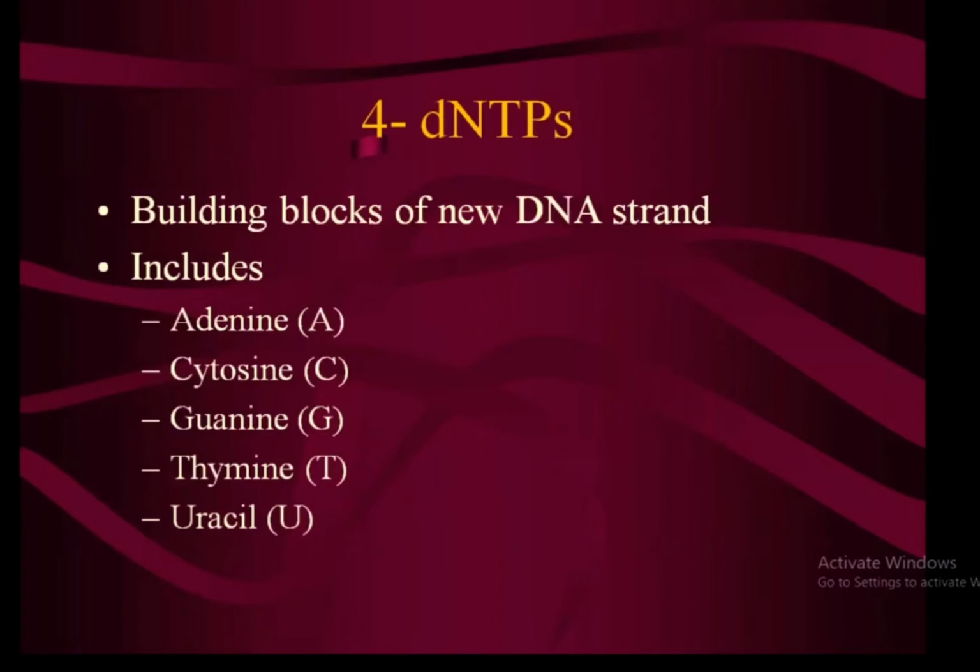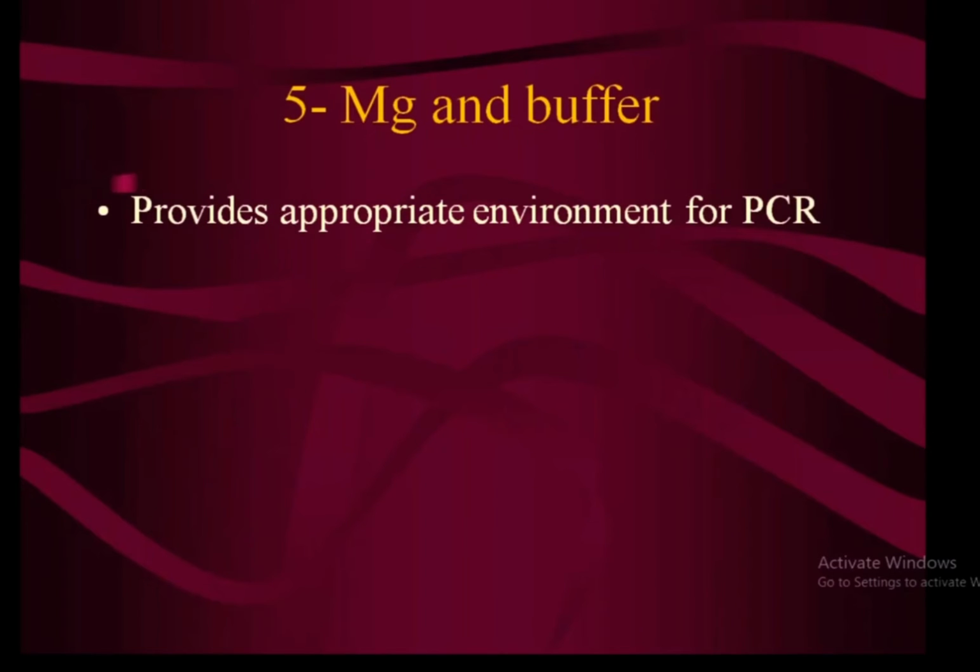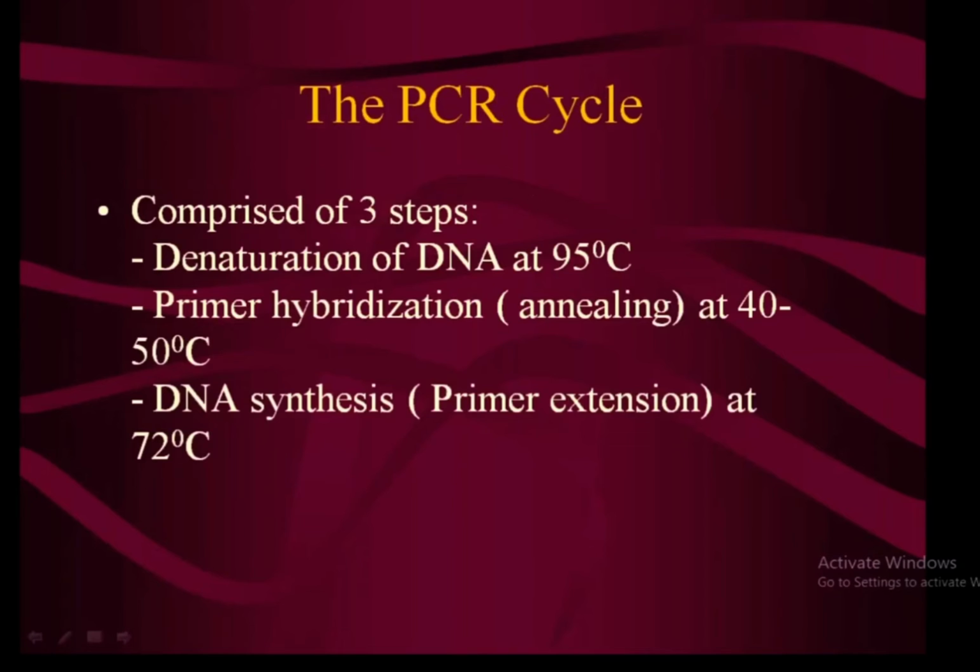Then deoxynucleotide triphosphates. These are the building blocks of the new DNA strands, including the bases I already told you: uracil is present in RNA, whereas in place of uracil, thymine is present in DNA. The role of magnesium and buffer is to provide an appropriate environment for the amplification process.